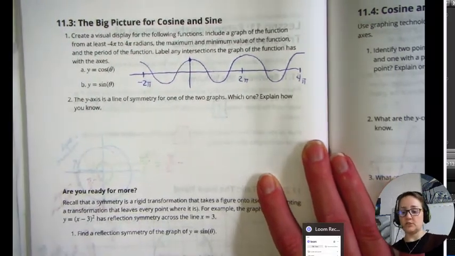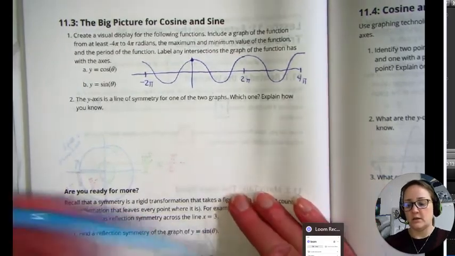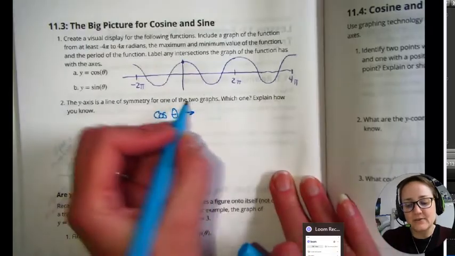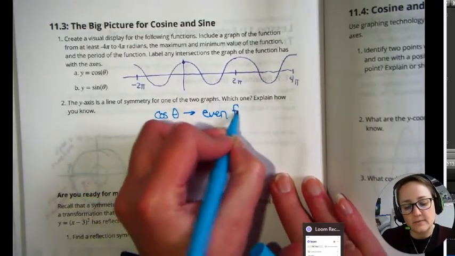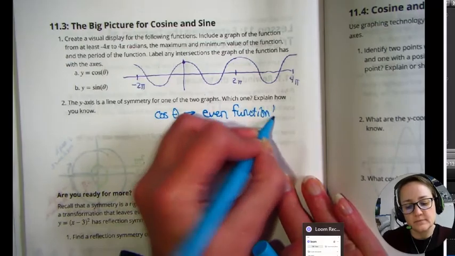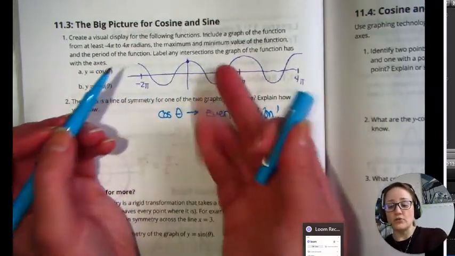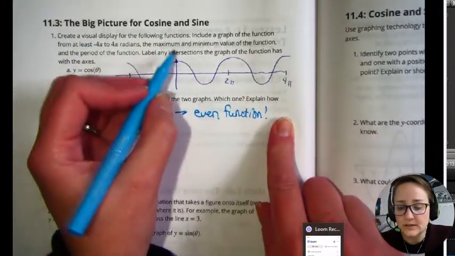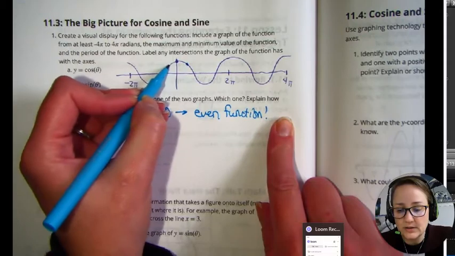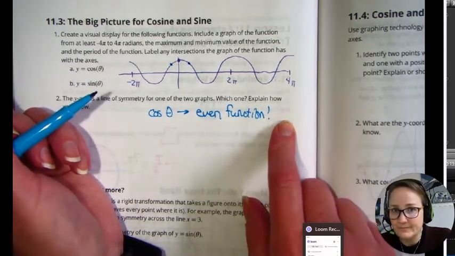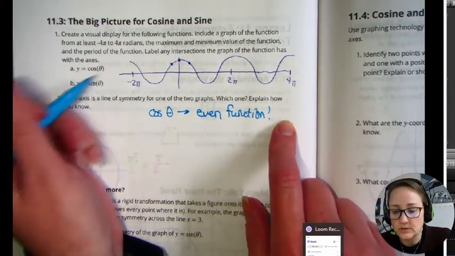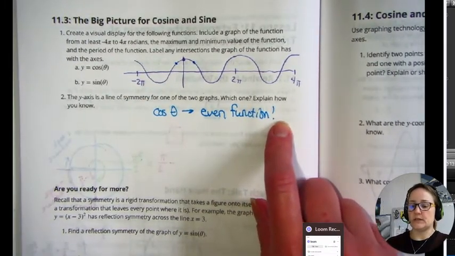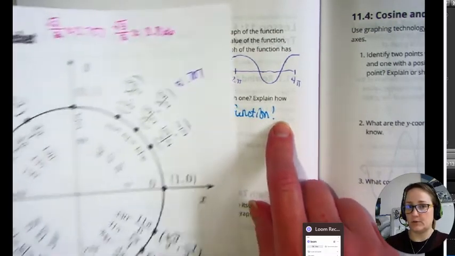So I think I mentioned to you before that the cosine graph is an even function. It is reflecting over the y-axis. Okay, so this is why we can start saying, well, hey, this positive angle measure and the negative angle measure, they're equal to each other as far as cosine goes. Remember, cosine is our x-coordinate. I'm going to blow your mind here.